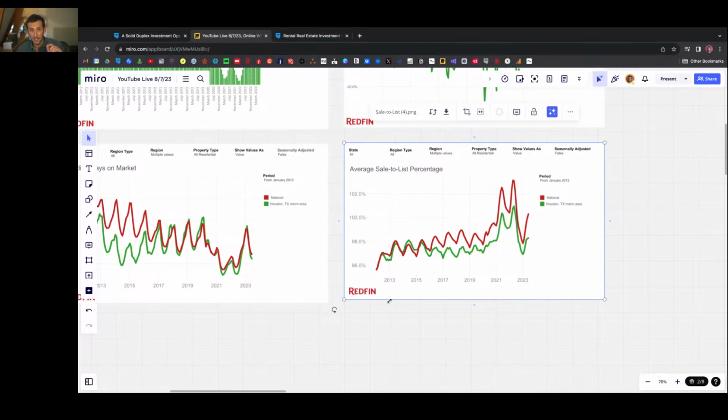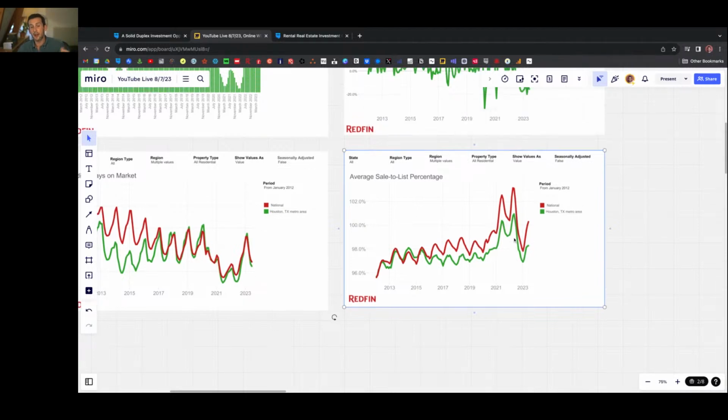Because if you look at this green line in Houston, you can see that the average sale to list percentage is only about 98%. For investors that might be a good thing, because on average, even homeowners, not necessarily investors who are going to negotiate as hard as you and I, are going 2% under asking price.